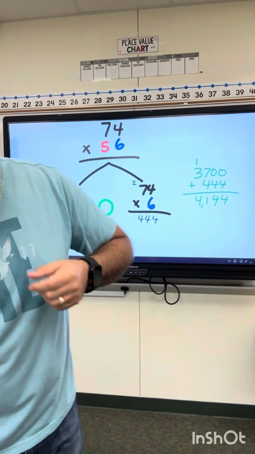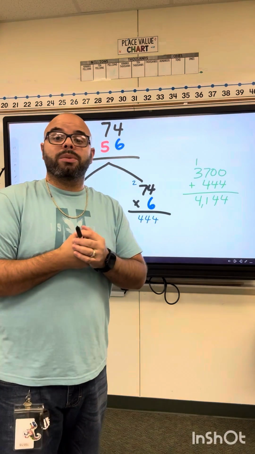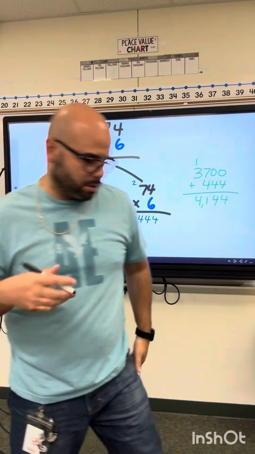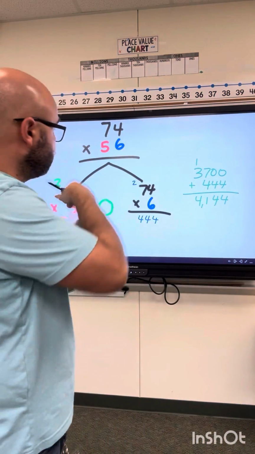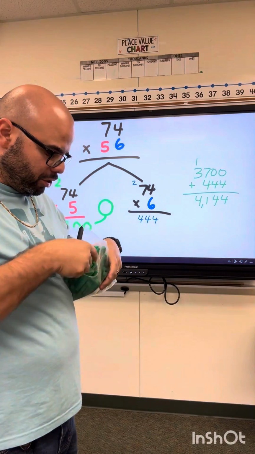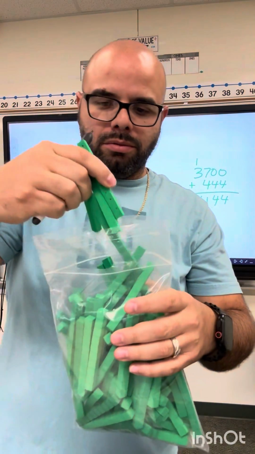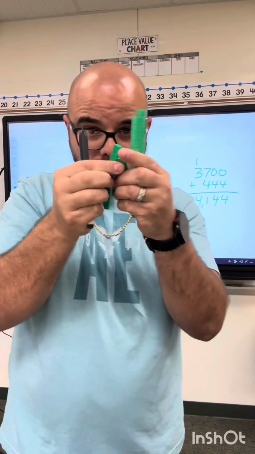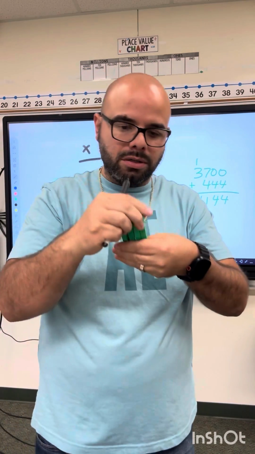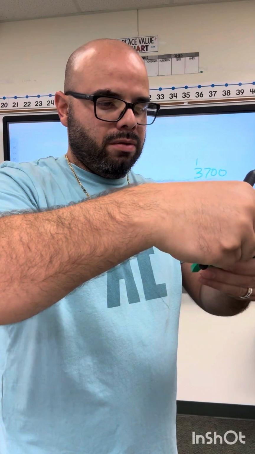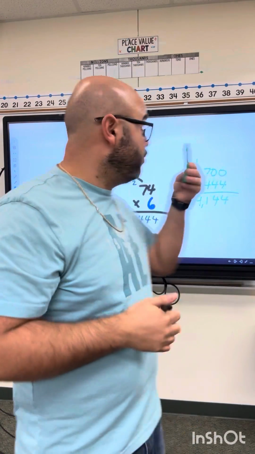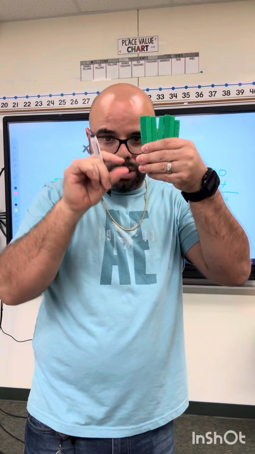But the multiplication with base 10 blocks, I'm gonna show you, utilizing these. So if I were to make this multiplication equation, I would take 7 of these 10s, right? 7 10s, and then I will have 4 of the single cubes that are just singles.